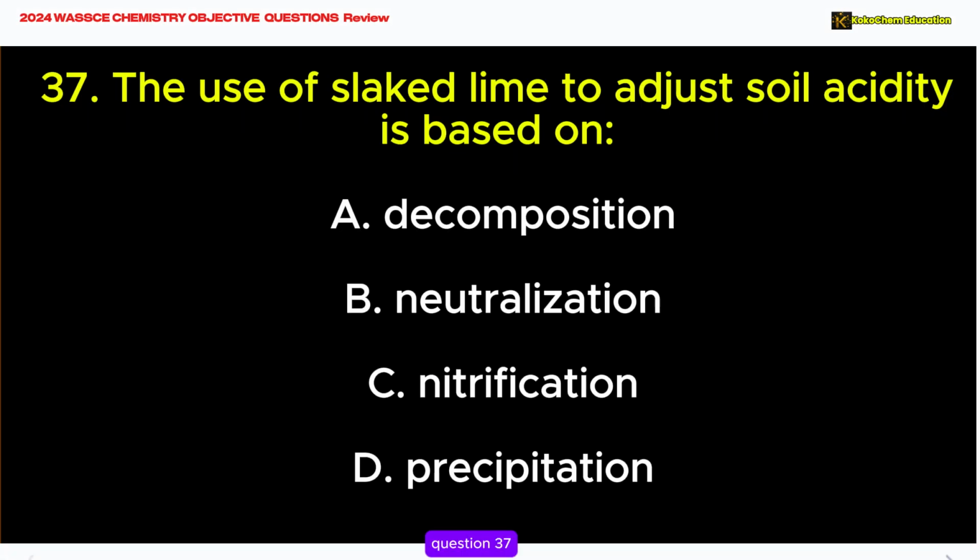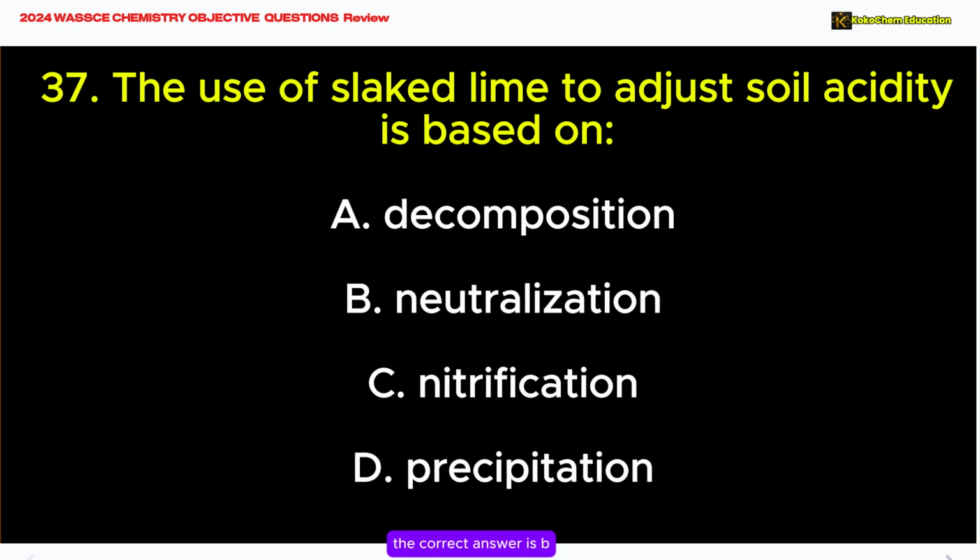Question 37. The use of a slaked lime to adjust soil acidity is based on A. Decomposition, B. Neutralization, C. Nitrification, D. Precipitation.